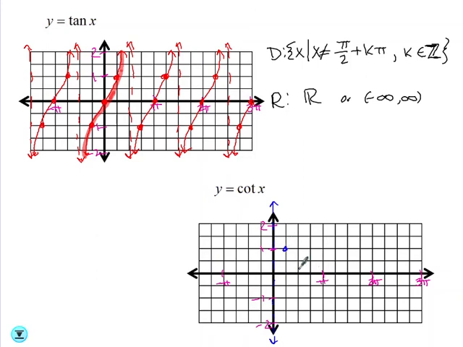Then it goes 1, 0, negative 1. Another vertical asymptote, 1, 0, negative 1. And we can continue on the negative side as well. Again, when we connect the points, they need to curve.